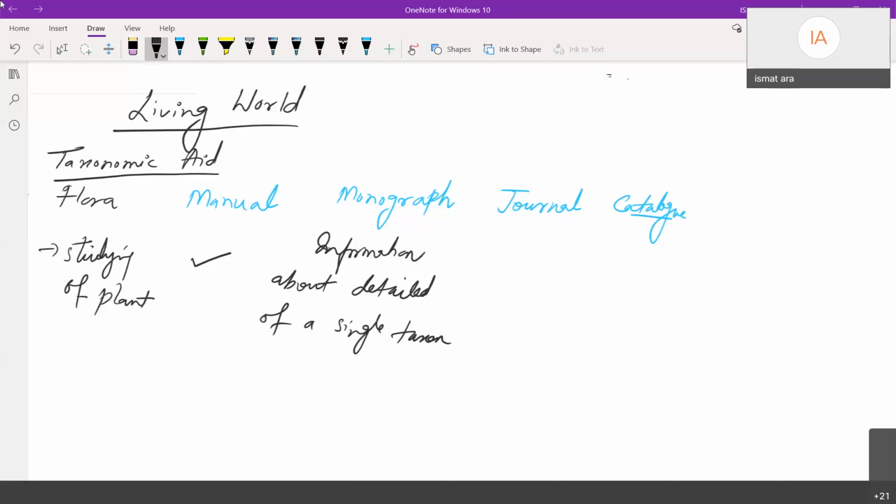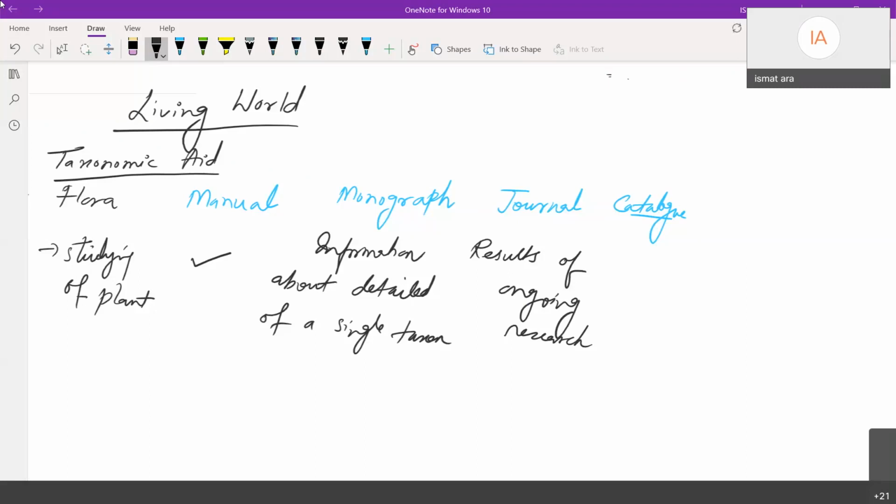If you publish nationwide, people all over India will read that journal. Publish worldwide, then publish in an international journal. So three types of journal: local, national and international. A journal is where the results of ongoing research are published.